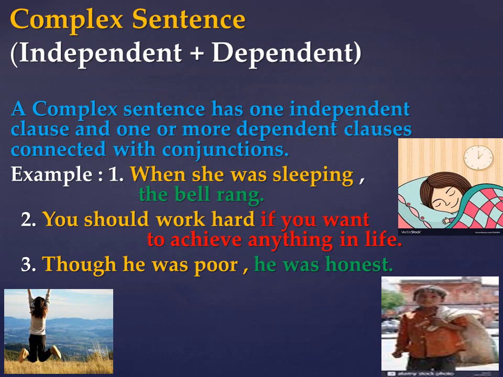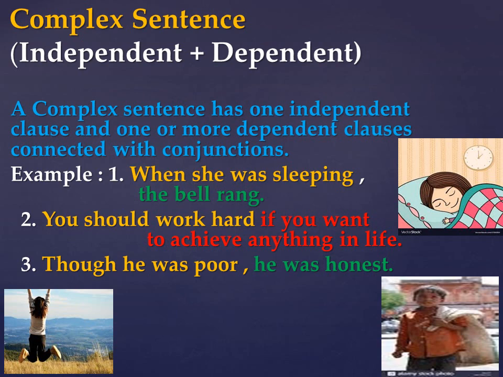So look at the definition of this complex sentence. I said the dependent clauses are connected with conjunctions. In the first sentence, what is the conjunction? When. So a subordinate clause has a conjunction like this added, and because of these the clauses become subordinate. Okay, if I say she was sleeping and the bell rang, then she was sleeping would be a principal clause, but I wrote when she was sleeping.